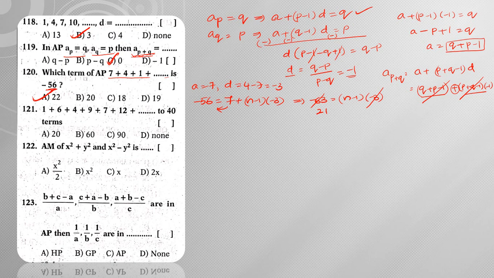Next, 1 plus 6 plus 4 plus 9 plus 7 plus 12 up to 40 terms. So what is its sum? Now if you observe this carefully, 1 plus 4 plus 7, likewise it has one alternate series, plus 3 plus 3 plus 3, and the second alternate series is 6 plus 9 plus 12, which is also following a pattern.